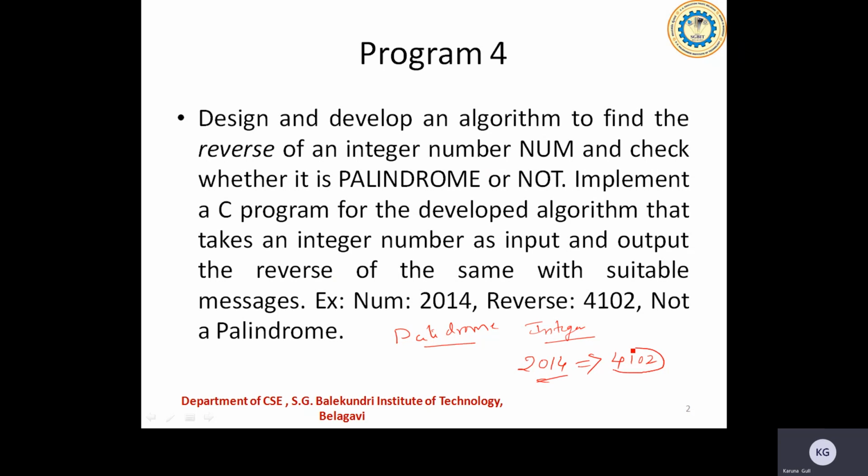If after taking the reverse of the given integer, the given integer is equivalent to the reversed number, then we'll say it's a palindrome. If both are not equal, that is the integer given and the reverse number are not equal, then we say it's not a palindrome. Right?